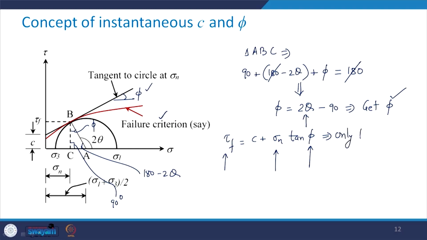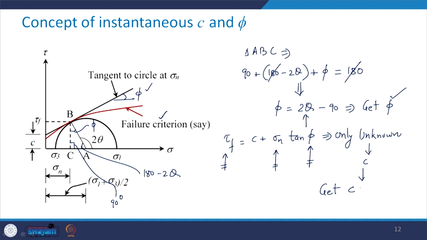So we just substitute all these three values and one can get the value of c in this case. So you see how beautifully we could get the value of c and phi for the criterion which is not represented by a straight line.